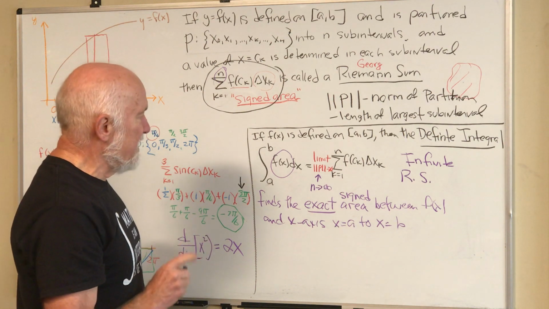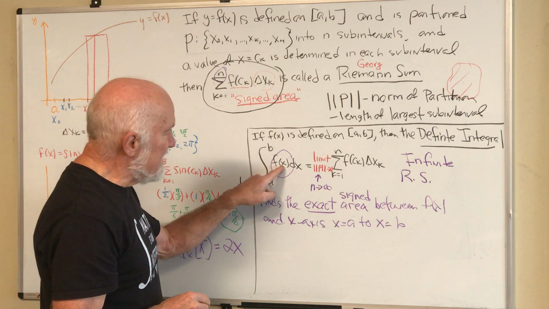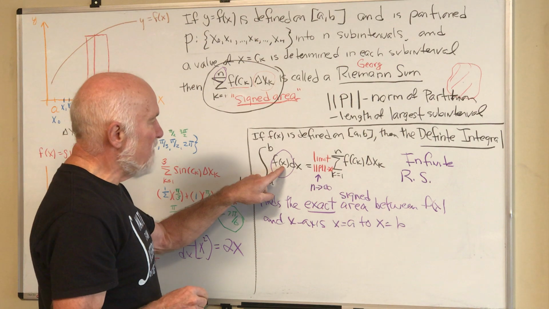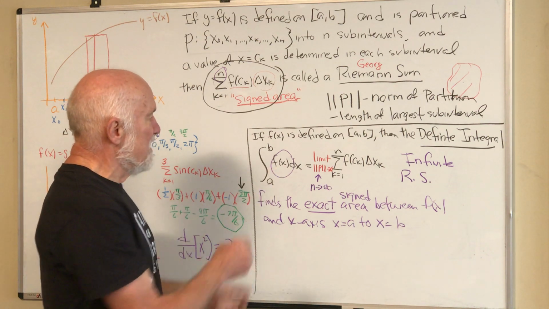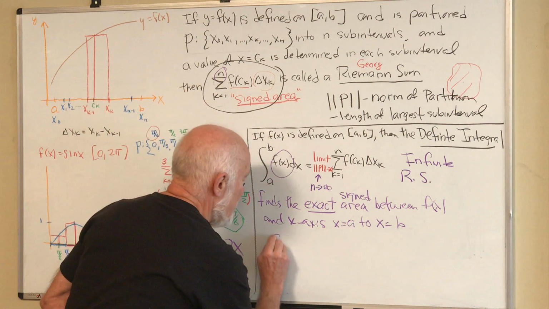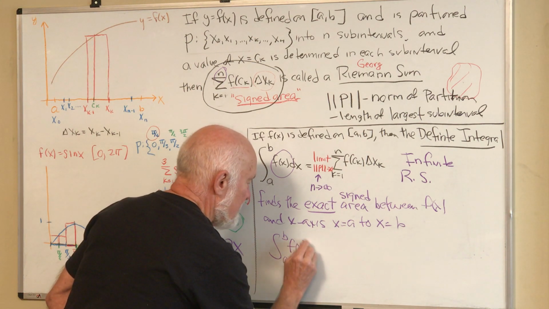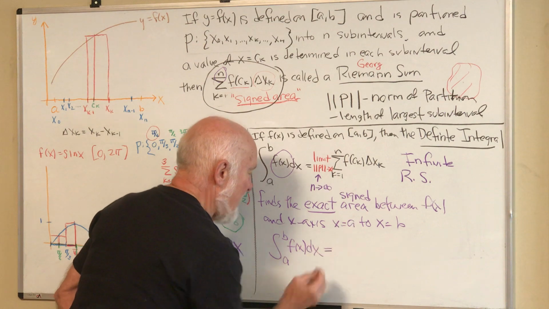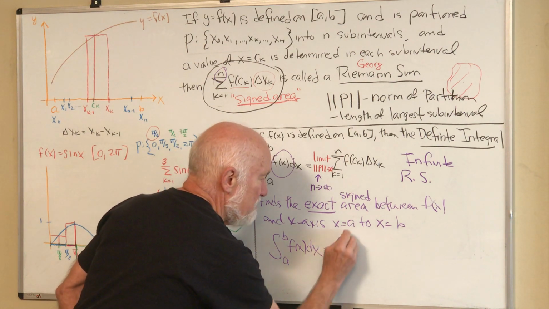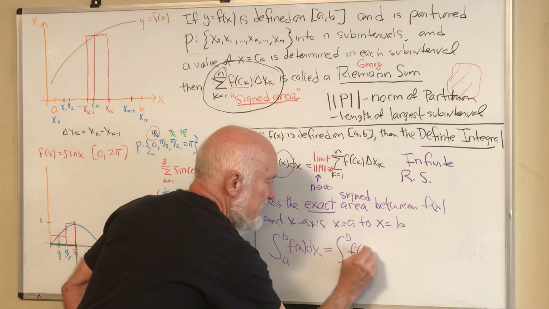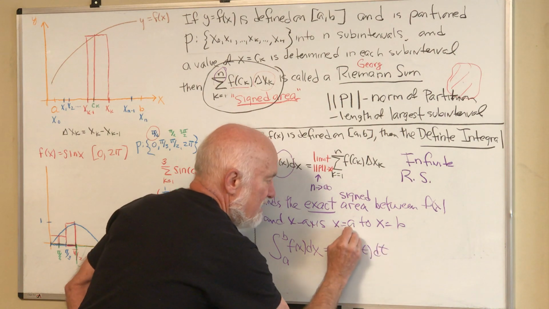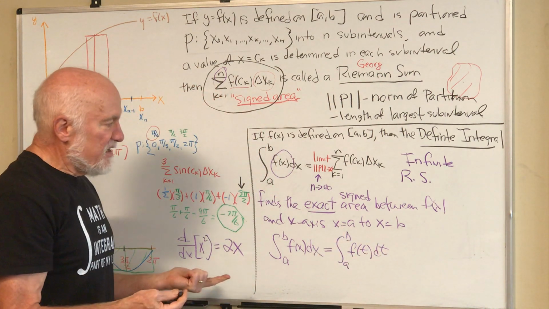And there's one other thing: this x right in here doesn't have any effect on the answer as to what letter we used. In other words, the integral from a to b of f of x dx is the exact same thing as the integral from a to b of f of t dt. The letter you use really doesn't affect anything.